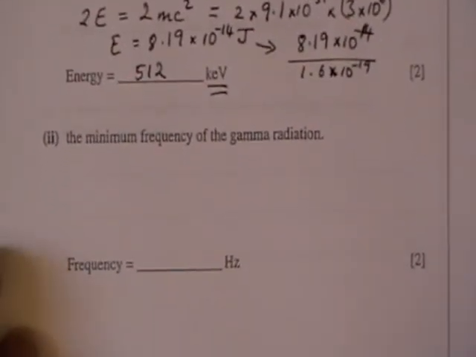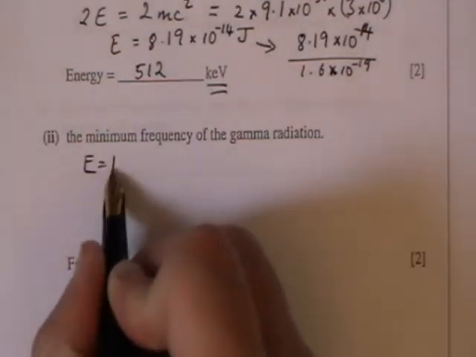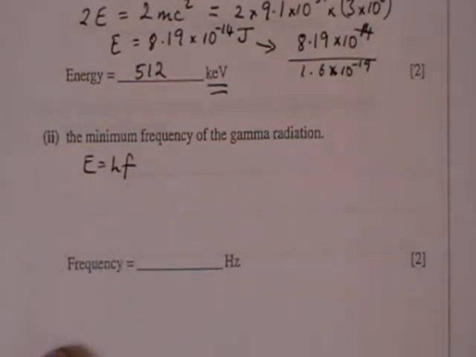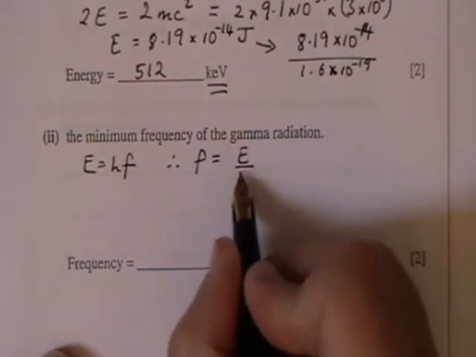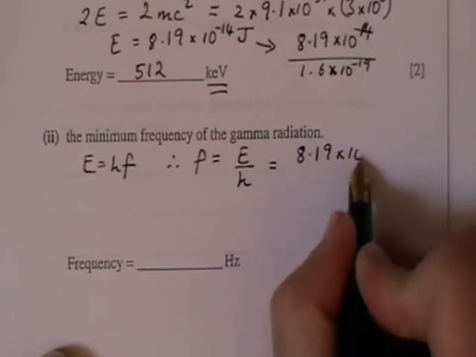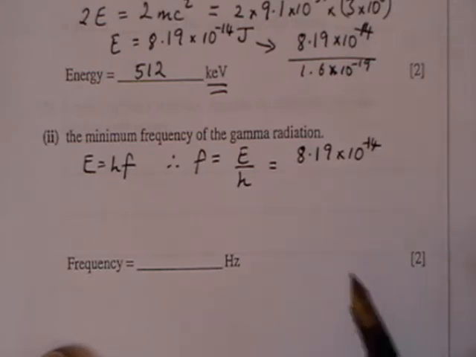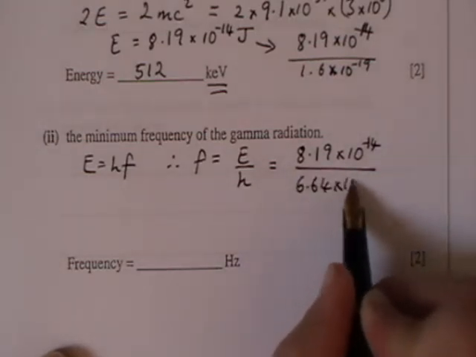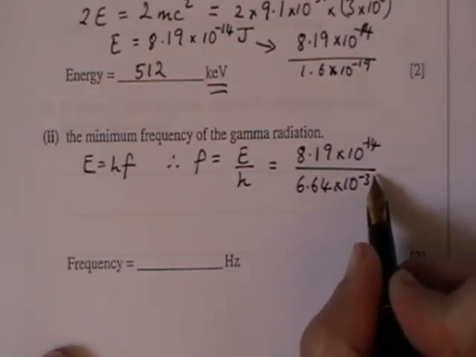The minimum frequency of the gamma radiation, well, here we're going to use E equals hf. Right? For the photon, the energy is equal to Planck's constant times f, therefore f is going to be equal to the energy divided by Planck's constant, so that means it's equal to 8.19 times 10 to the minus 14 that we'd calculated above, divided by Planck's constant, which is 6.64 times 10 to the minus 34.